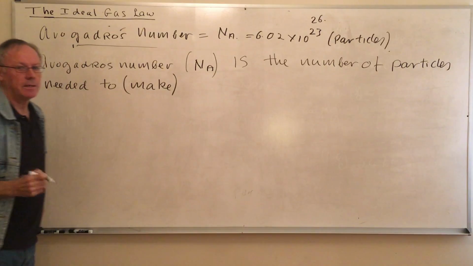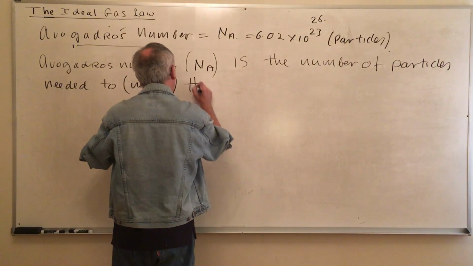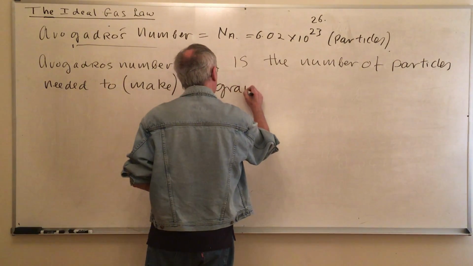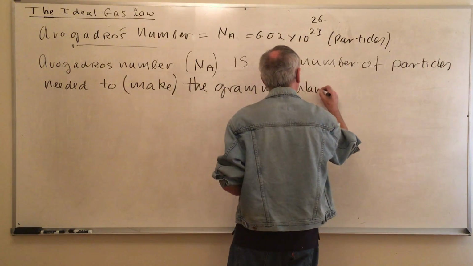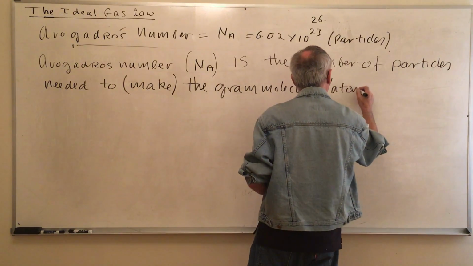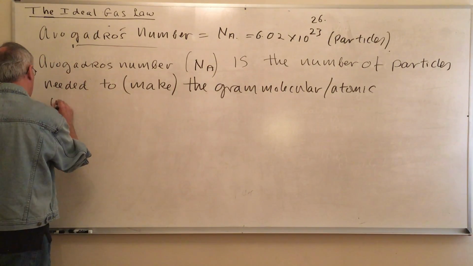I'm using the word make, I mean have or to exist. Avogadro's number is the number of particles needed to make the gram molecular weight of a substance. Or atomic, I'll use these interchangeably.